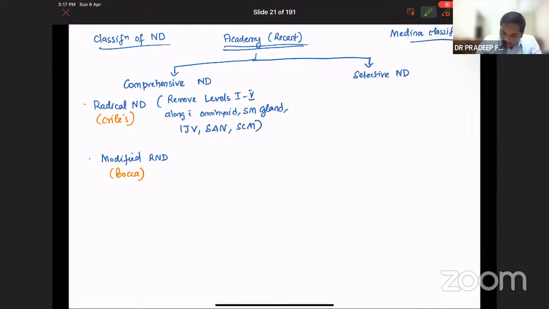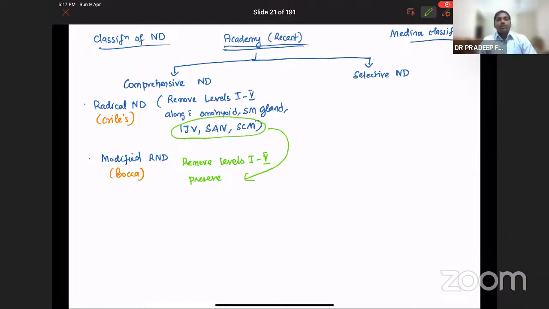In the modified neck dissection, you remove levels 1 to 5, but you preserve any one of the three most important non-lymphatic structures. MRND type 1, you preserve only the spinal accessory nerve. MRND type 2, you preserve the spinal accessory nerve plus IJV.